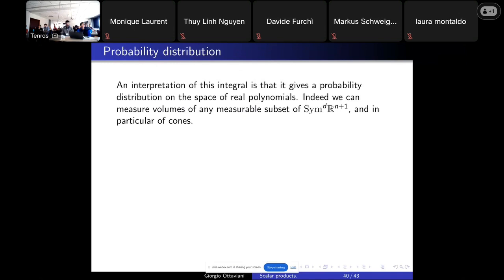So in the last slides, I want to show something really exciting, that the integral of the real Fubini-Study and the same in the complex situation have a probabilistic interpretation, because when you have a measure, you can measure sets, and then you have a probability distribution on the space of real polynomials. And in particular, you can measure volumes.